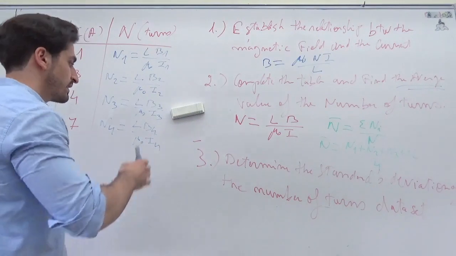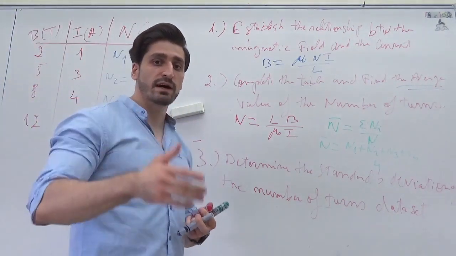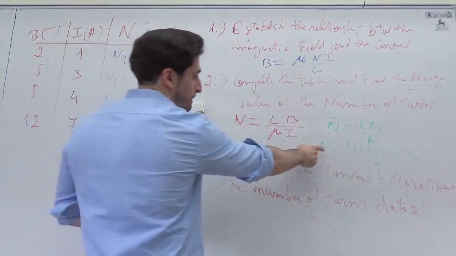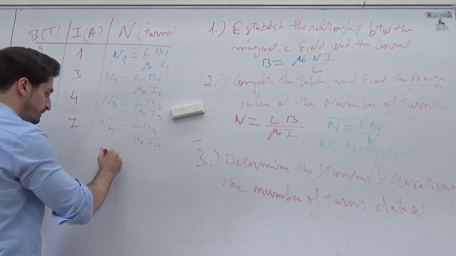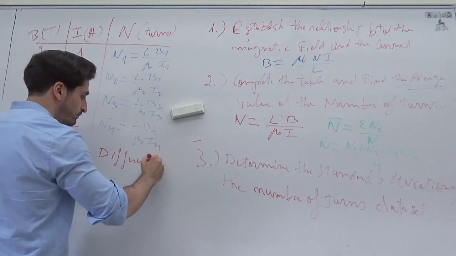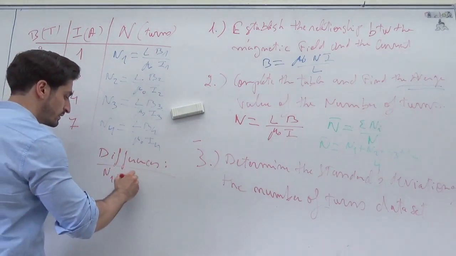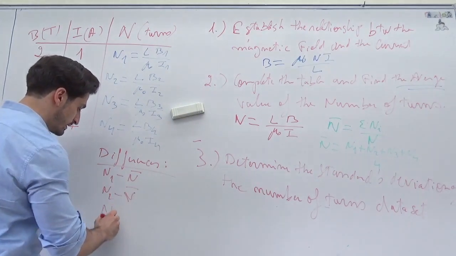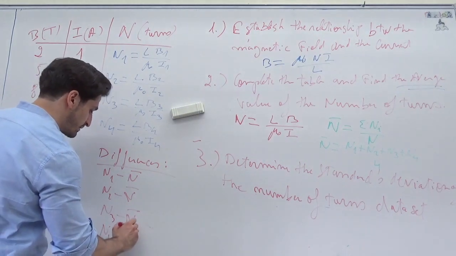So in that case, going back to the previous example, if you remember, we started by finding the difference between each individual value and the average value over here. So we are going to start by finding the differences. So we start by finding n1 minus n bar, then n2 minus n bar, n3 minus n bar, and n4 minus n bar.